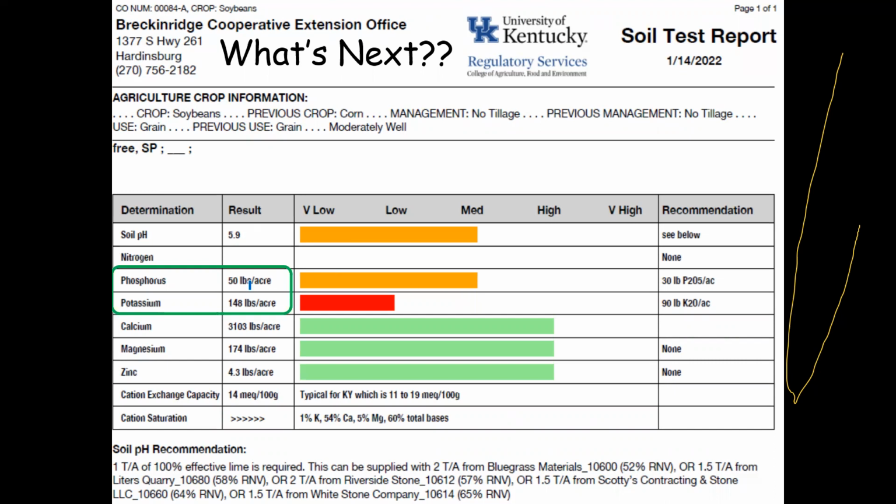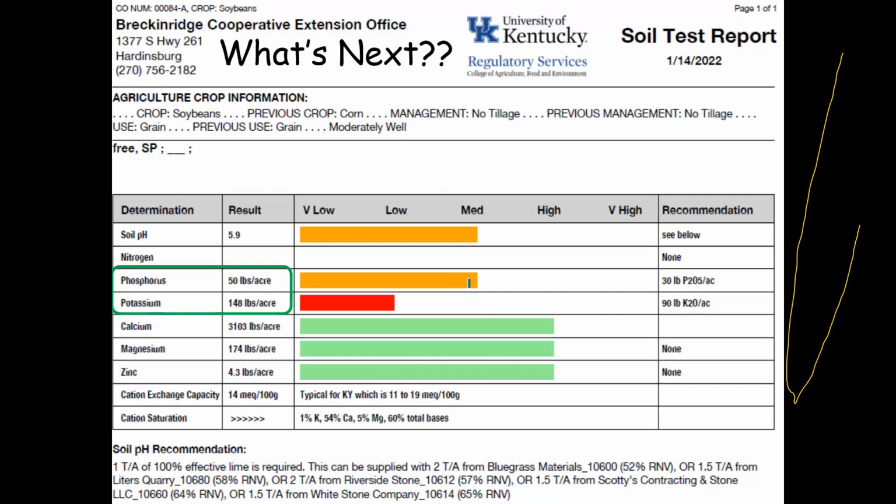In this particular case, the soil test result was 50 pounds per acre P, which put it in the medium range, and 148 pounds per acre K, which put it in the low range. The crop here is soybean. The previous crop was corn. The management of the soil is no-till, and the previous management was no-till. Soil drainage is moderately well drained.